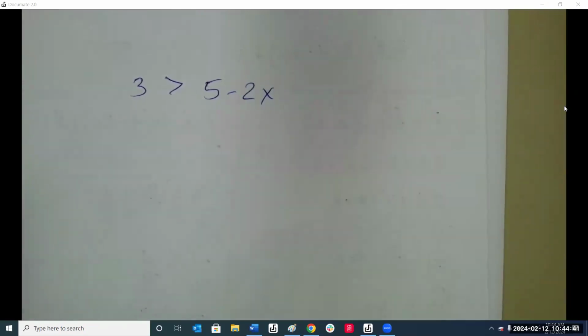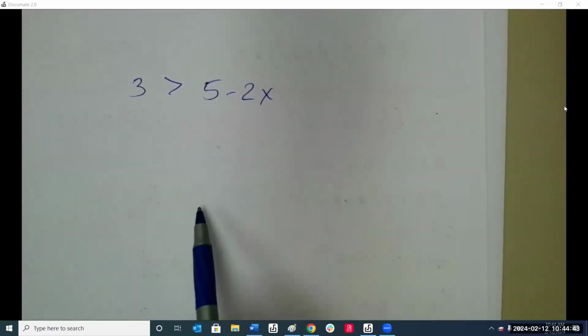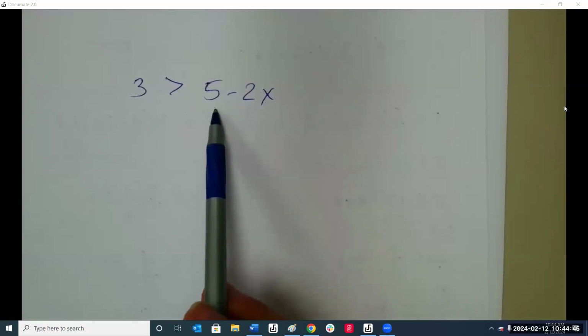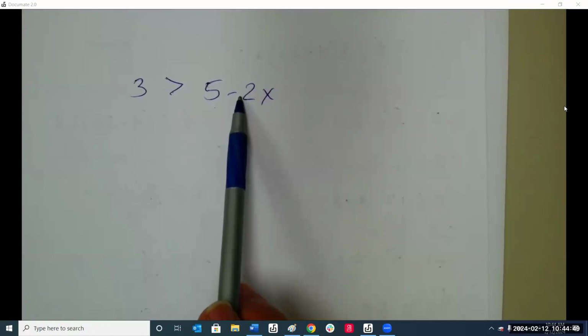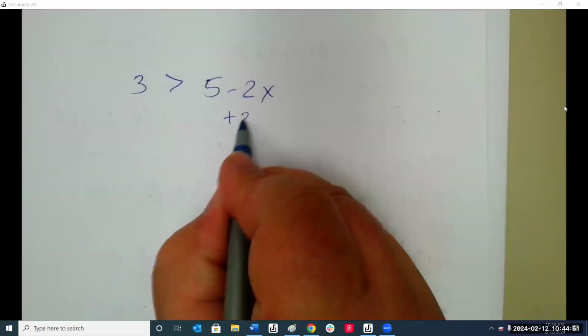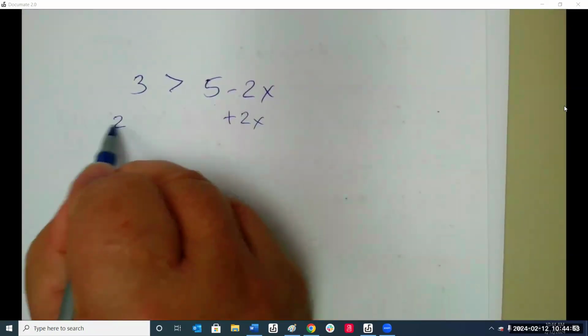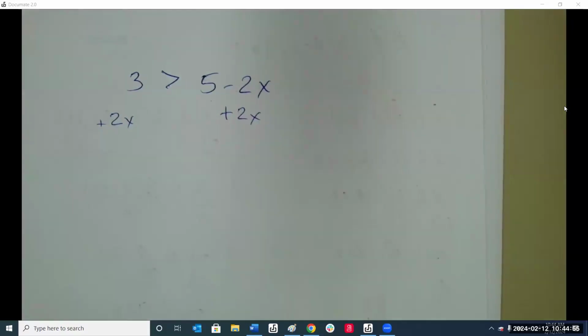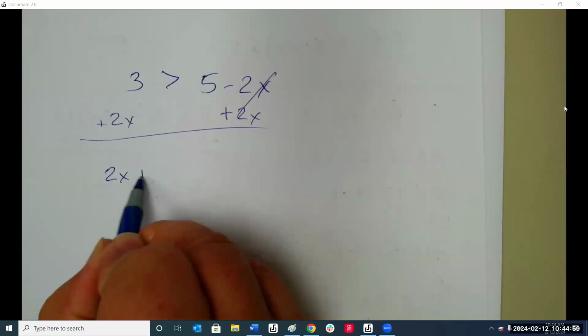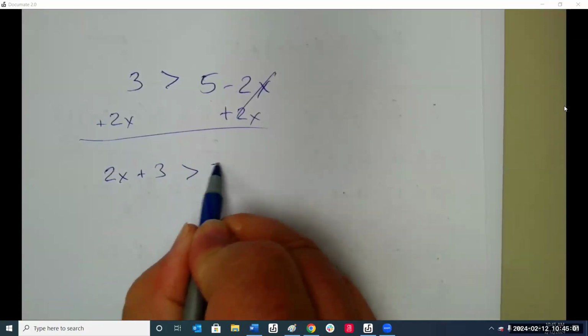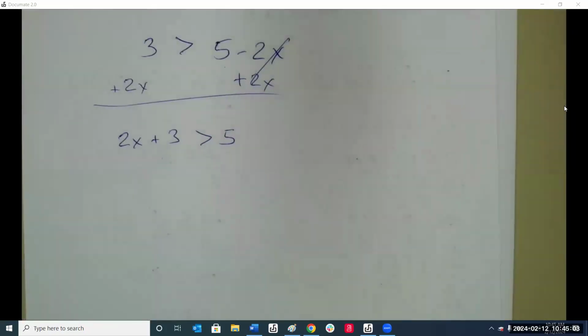The typical rule says, what do we move first? Get rid of the 5. But since we're dealing with inequalities and x has a negative, we could move the x first. Change it to a positive. That takes care of flipping the inequalities for us.